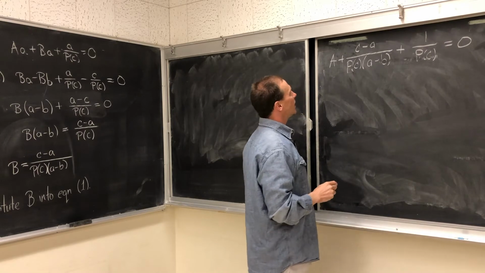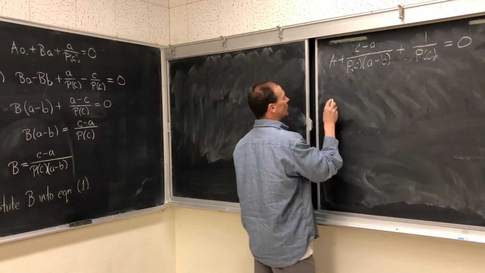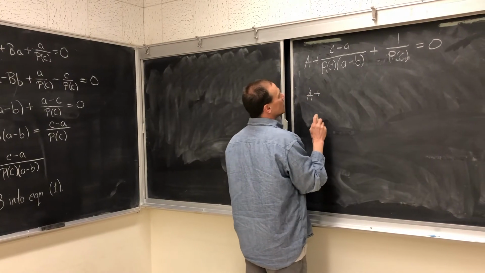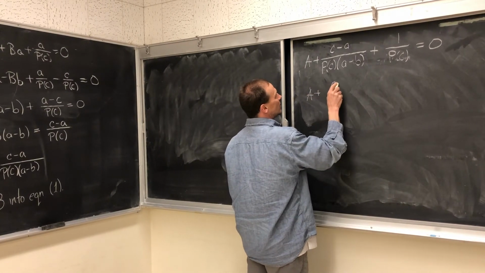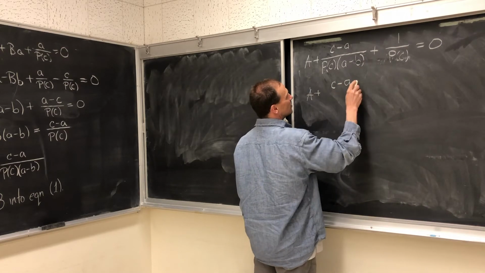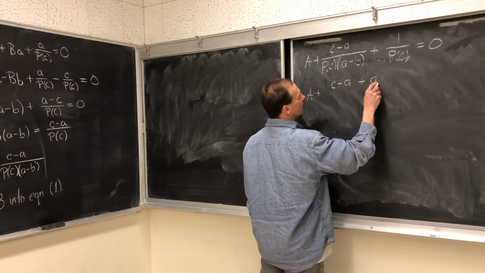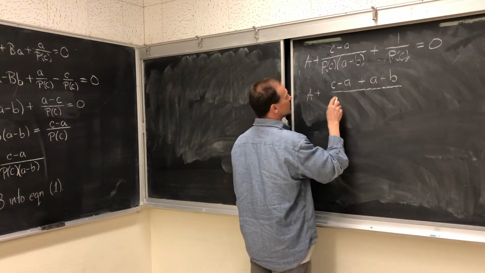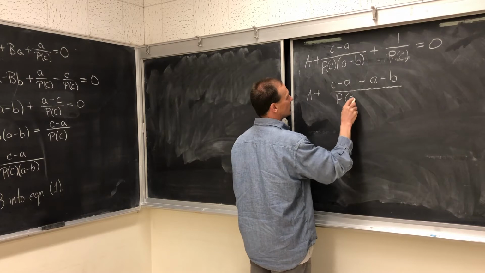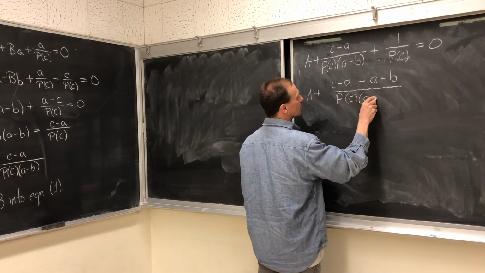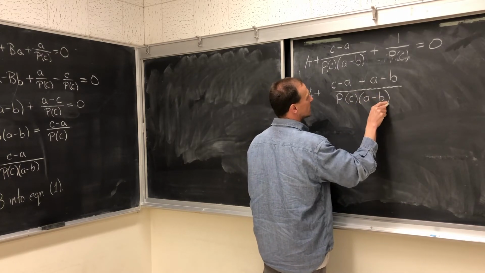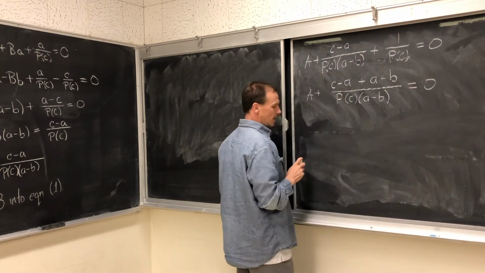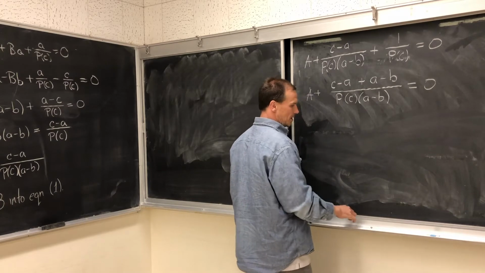I'm going to add these two fractions first, so let's do that. This is a plus, I have a c minus an a. This is going to become plus an a minus b. All of that is going to be over p of c times a minus b. Still equals 0. Oh, and look at that. That's going to clean up pretty nicely.